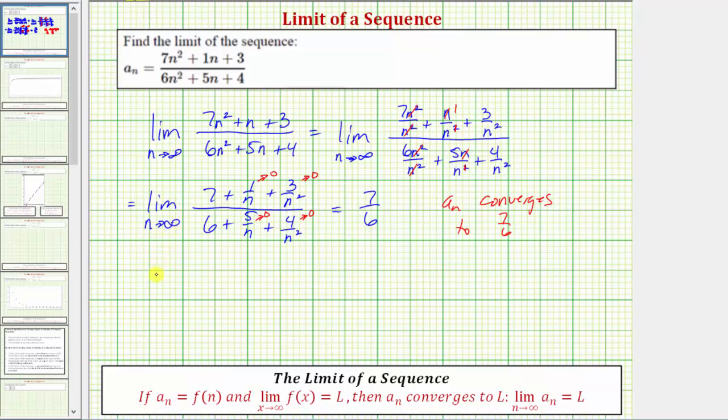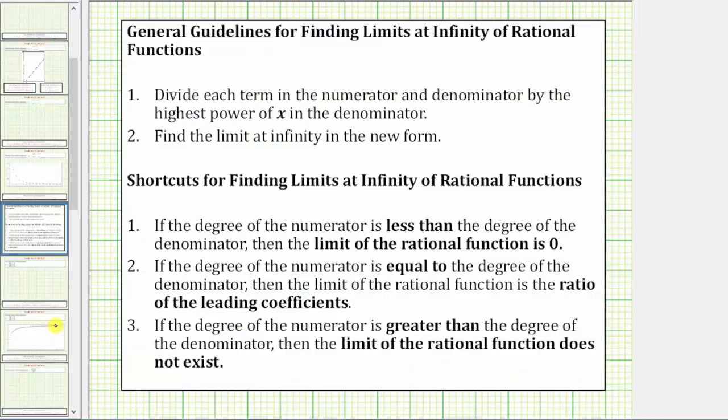By analyzing the degree of the numerator and denominator, we can also determine this limit. The shortcut method tells us that if the degree of the numerator is less than the degree of the denominator, then the limit of the rational function is 0.